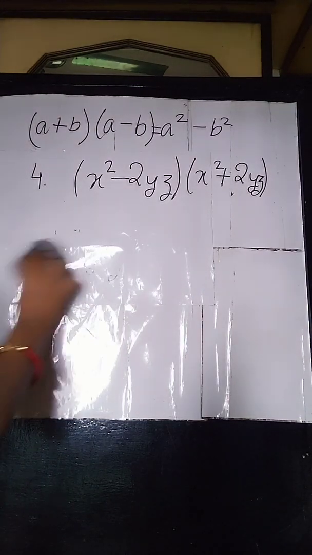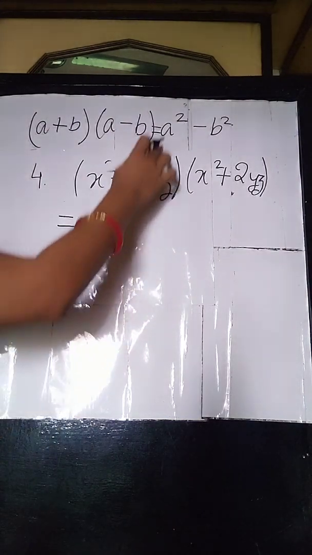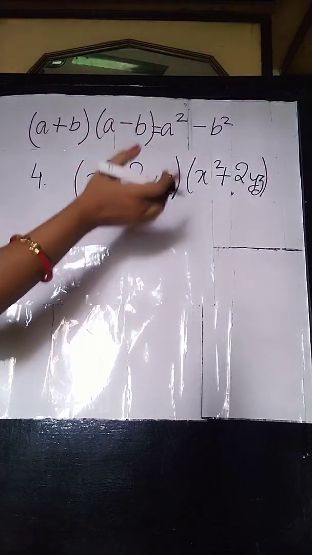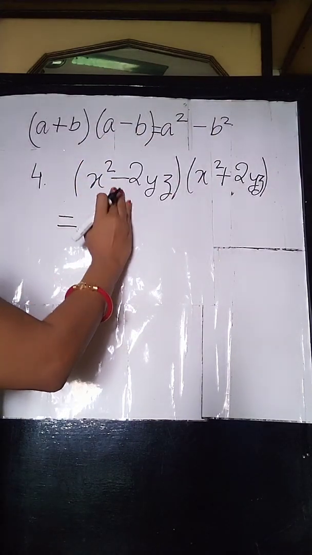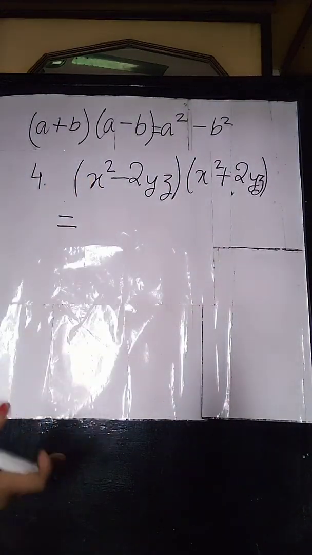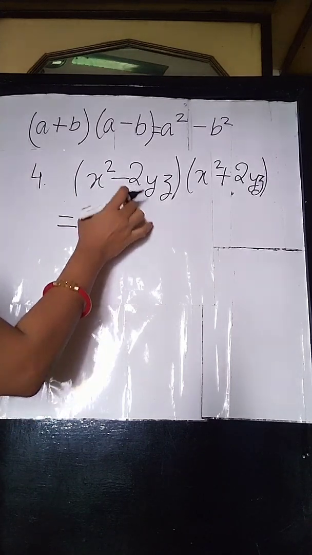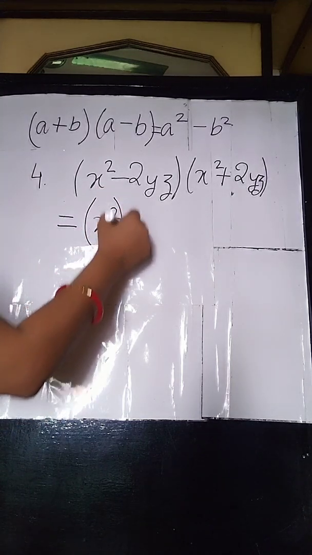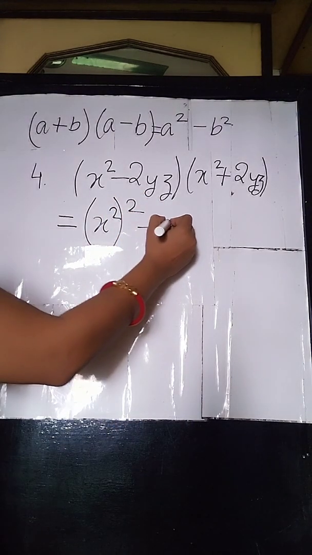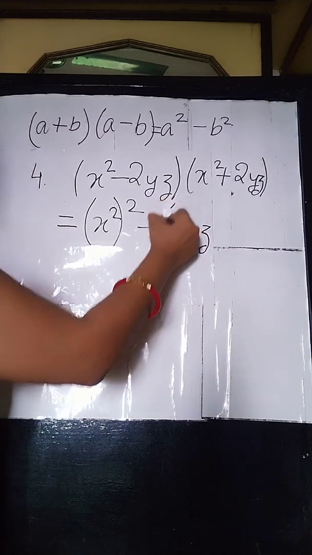Then what will be the next step? We know that the answer will always be equal to a² − b², because this is just like (a − b)(a + b), and (a + b)(a − b) gives you a² − b². Here a is x², this whole is a, so a² will be (x²)² minus, here b is 2yz, (2yz)².